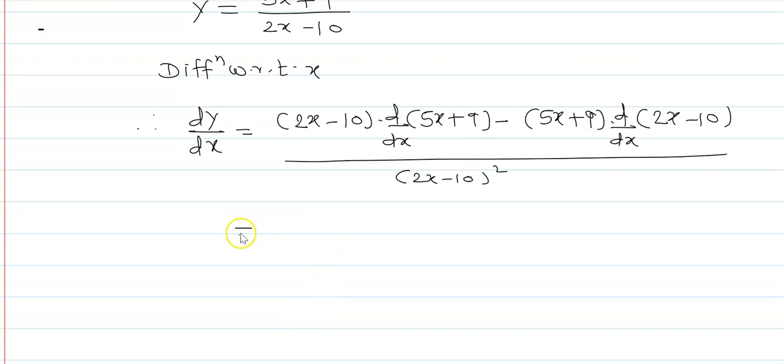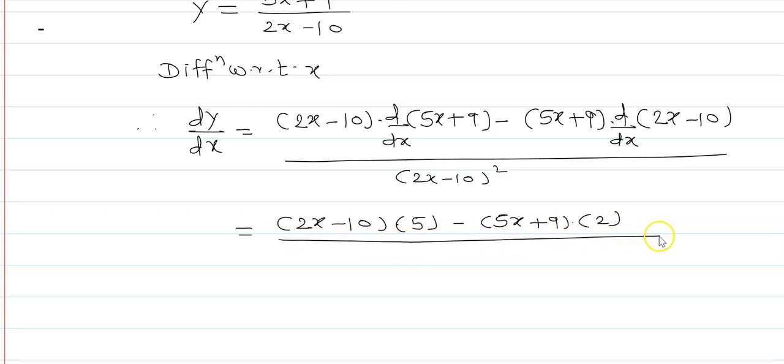Now the next, 2x minus 10, okay, derivative of 5x is 5 and derivative of 9 is 0, minus 5x plus 9, derivative of 2x is 2 and of 10 is 0, and this whole divided by 2x minus 10 bracket square.